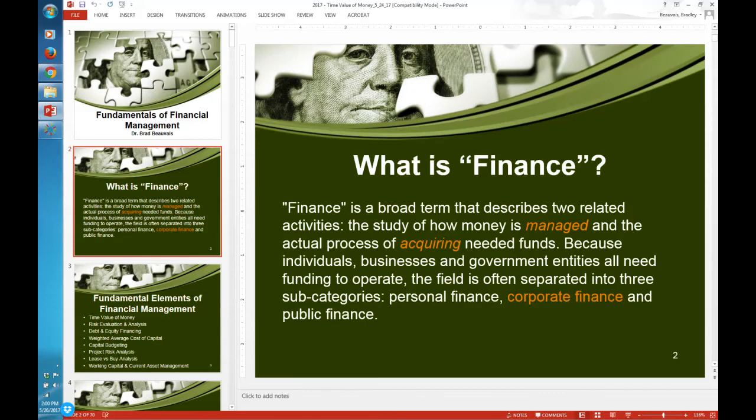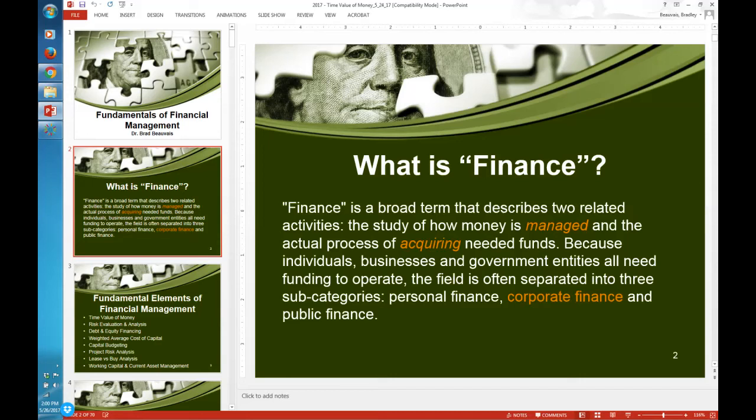So the first question we need to address is, what is this thing called finance? Without reading directly off the slide, finance is a decision science, centered on how we acquire and actually put into practical effect the funds that come through any organization, whether that's a not-for-profit hospital, a for-profit technology company, whatever the case may be.